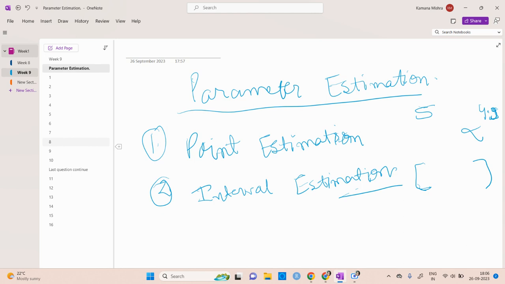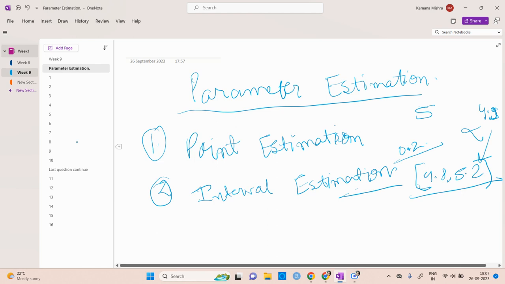So we say we are okay with this much percentage of error. Then we say the confidence interval, and regarding that we find this interval estimation. If we permit 0.2 error, then the range will be 4.8 to 5.2.